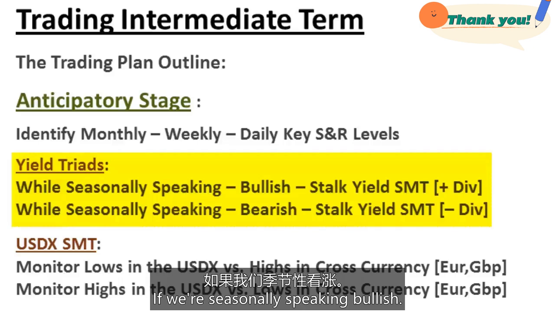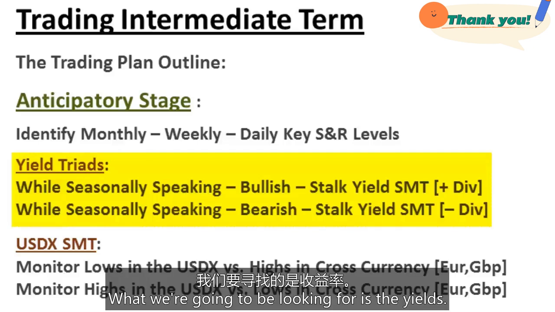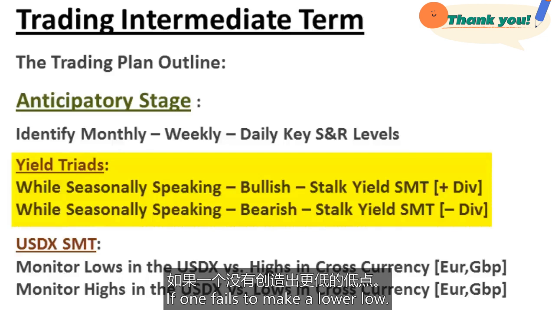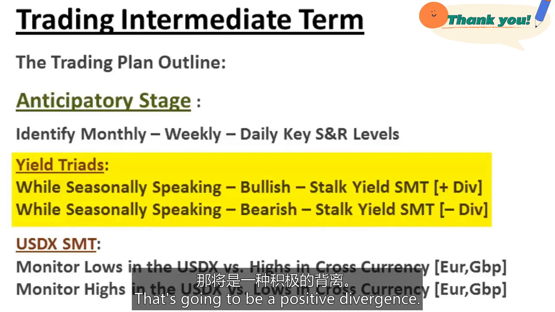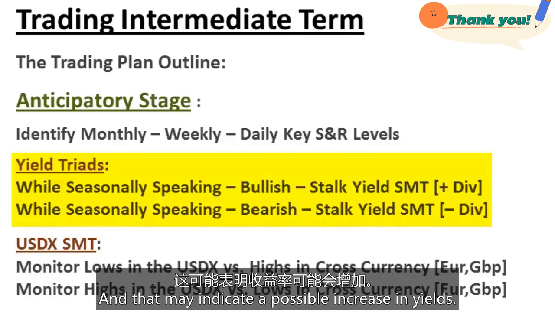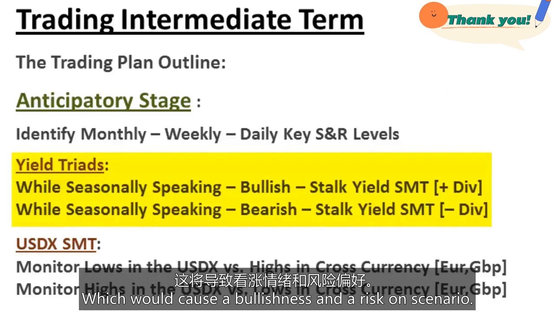If we're seasonally speaking bullish, what we're going to be looking for is the yields, 5-year, 10-year, and 2-year, between those three interest rate yields. If one fails to make a lower low, that's going to be a positive divergence, indicating there's a possible turn in yields, and that may indicate a possible increase in yields, which would cause a bullishness and a risk-on scenario.